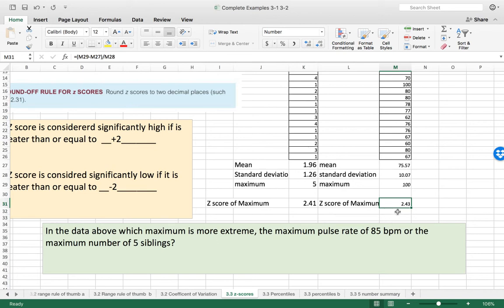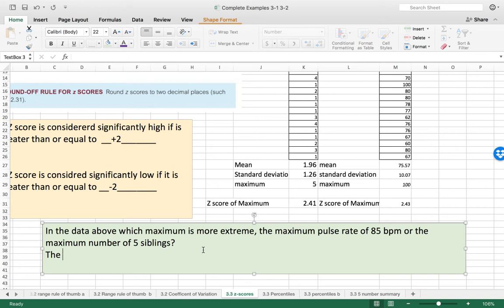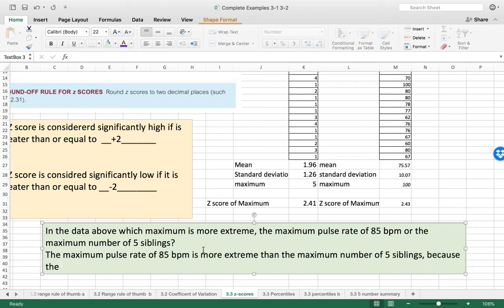And in this case, since the z-score for the pulse rate is higher at 2.43, we will say the maximum pulse rate of 85 beats per minute is more extreme than the max number of 5 siblings because the z-score 2.43 is greater than z-score 2.41. So you can compare data values that way.